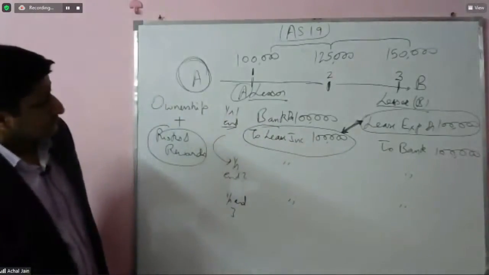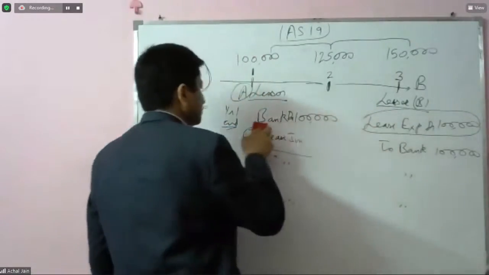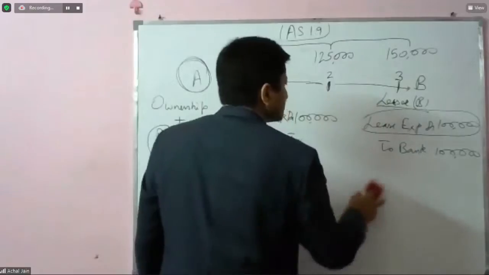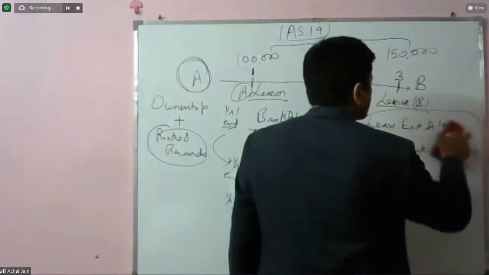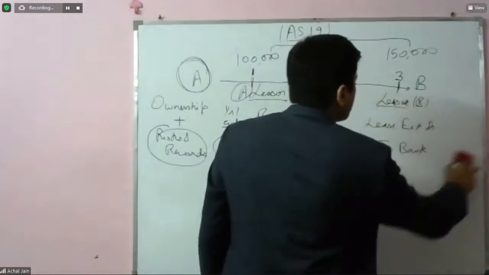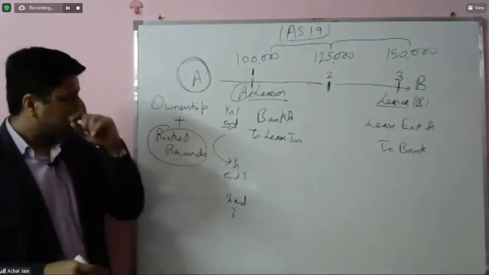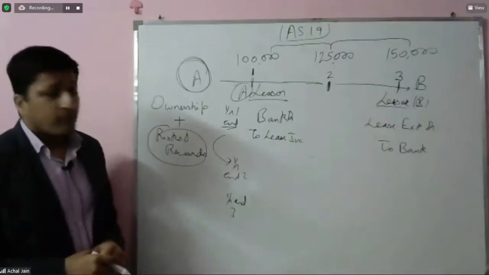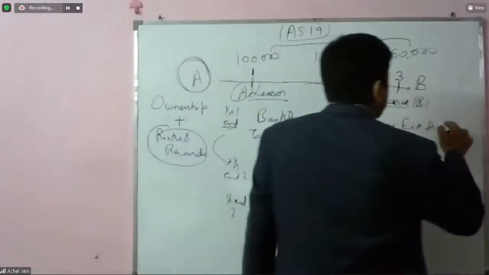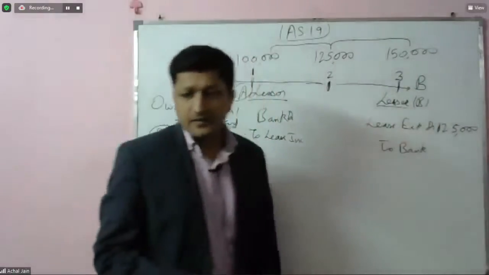Now, let's see what will happen. Year on year, we will not pass an accounting entry with an amount of 1 lakh. In the first year, the lessee will record lease expense of 1,25,000.